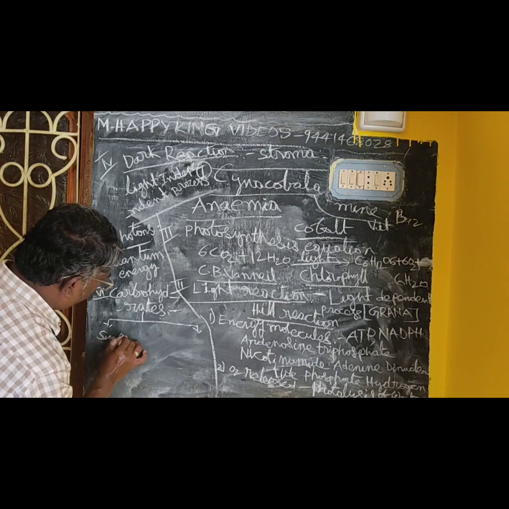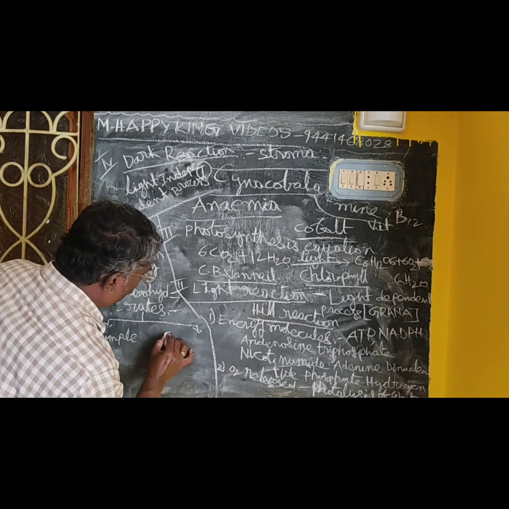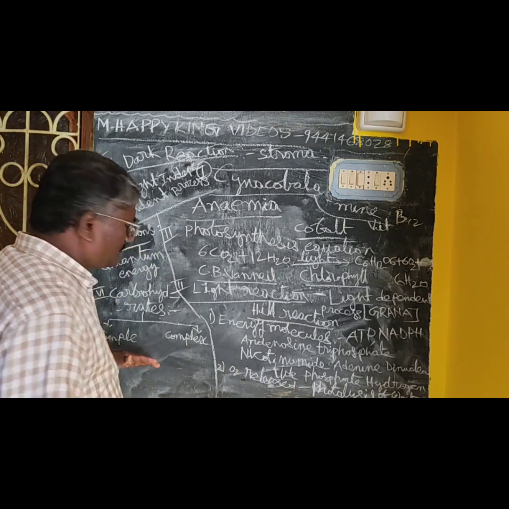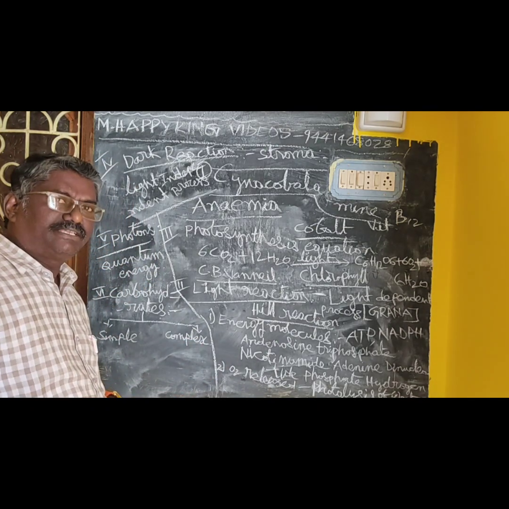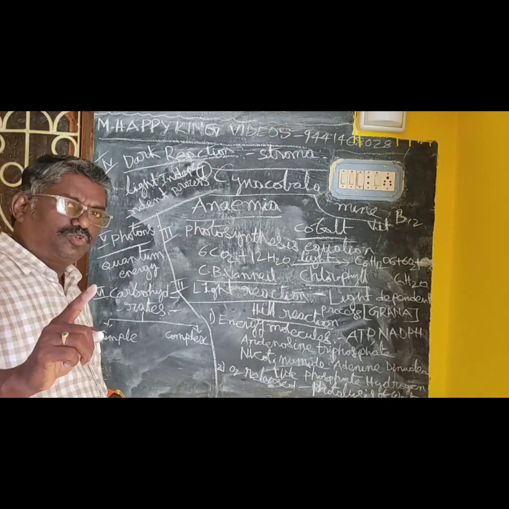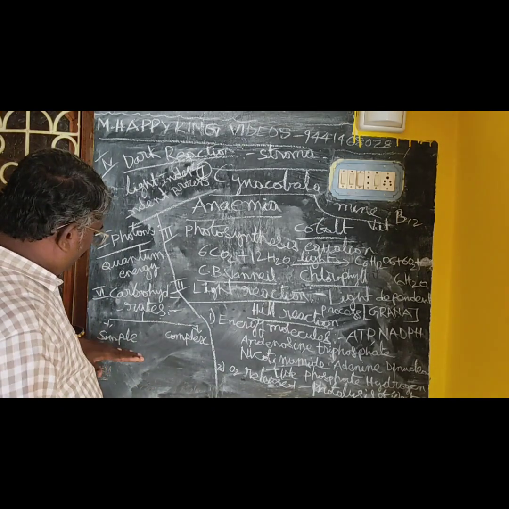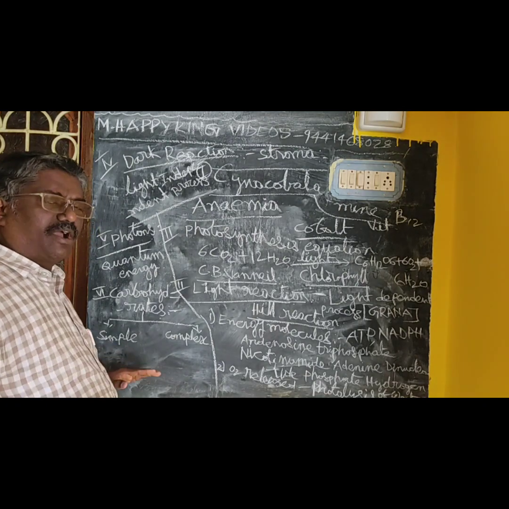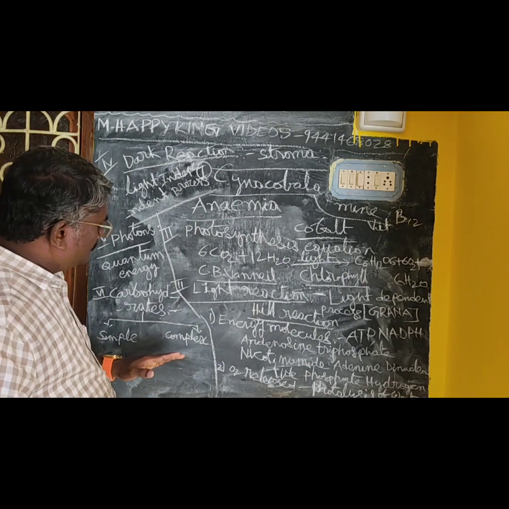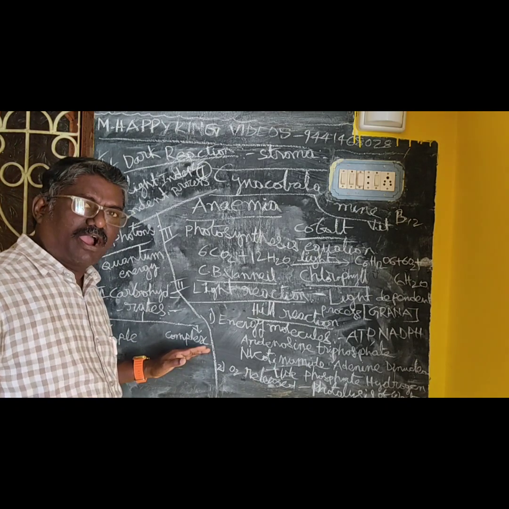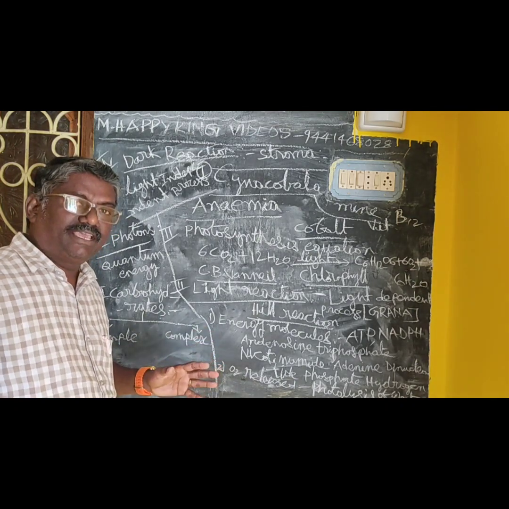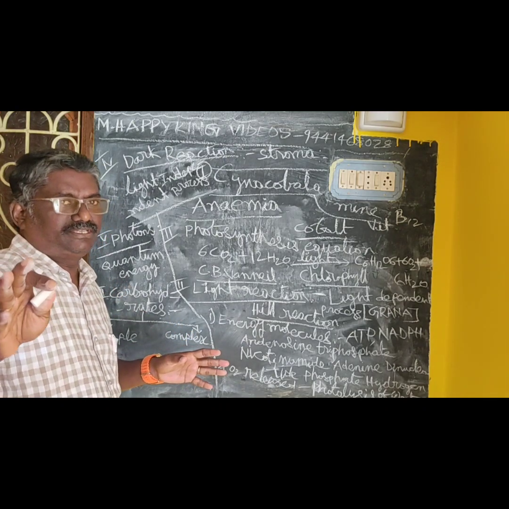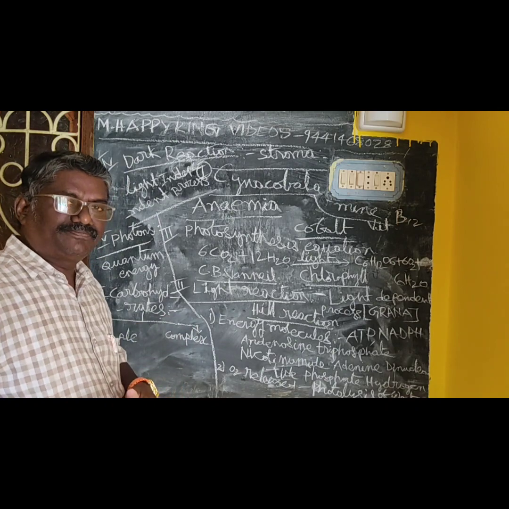Simple carbohydrates contain one or two sugar molecules, but complex carbohydrates contain a chain of sugar molecules. So it's complex.